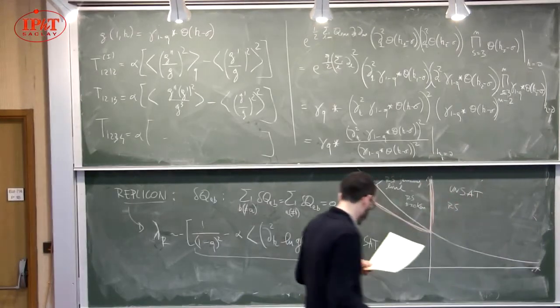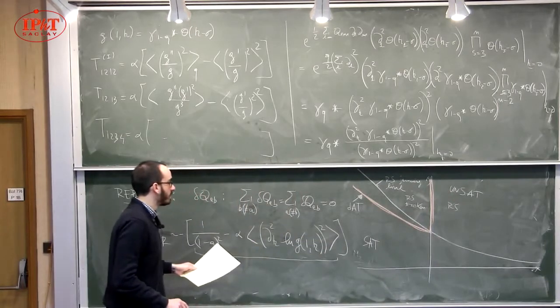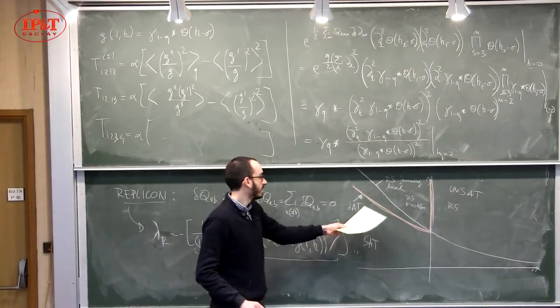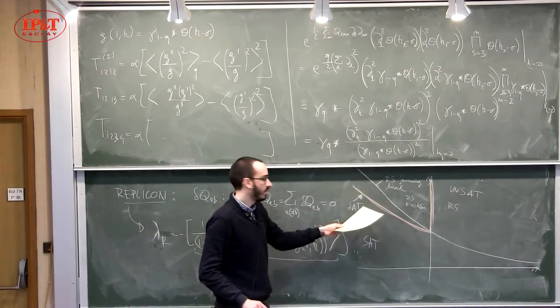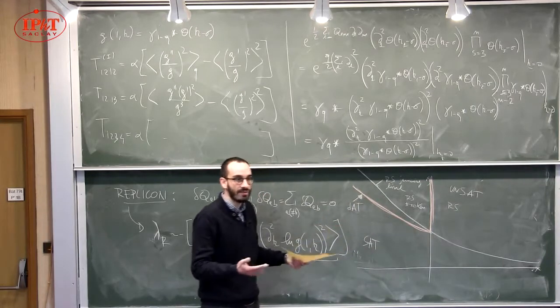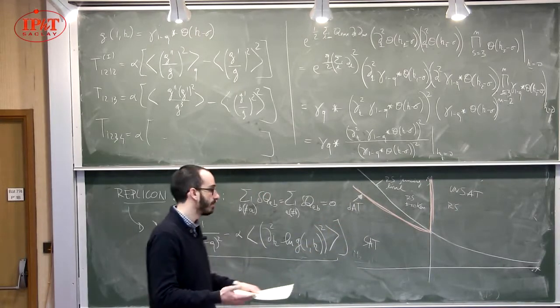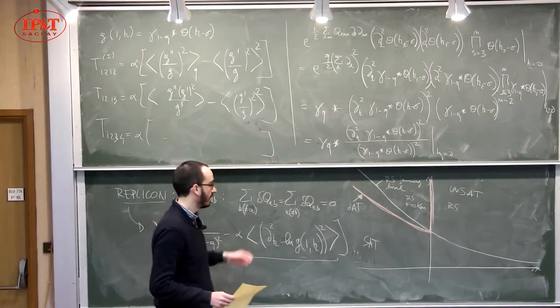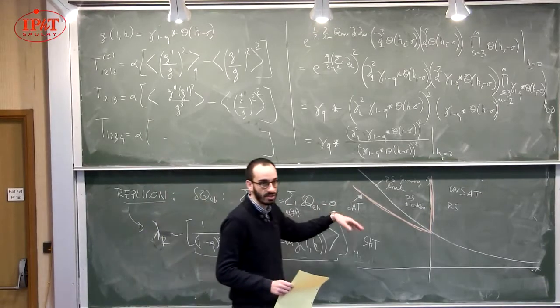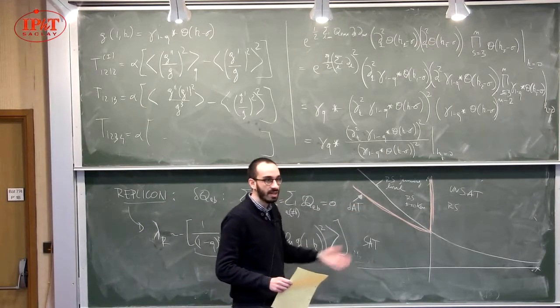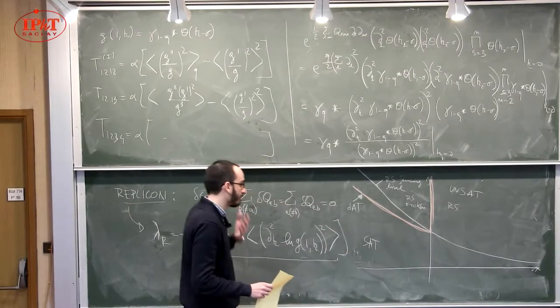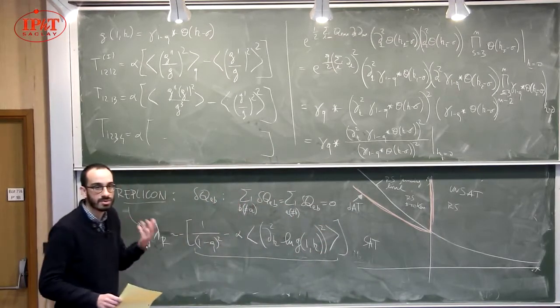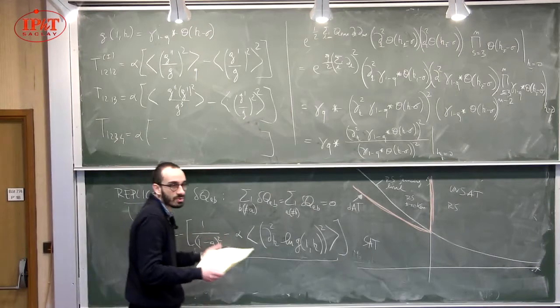So all these things have been discovered not in this model. The fact that you could have replica symmetry breaking was discovered by de Almeida and Thouless in the context of the Sherrington-Kirkpatrick model, and there were a lot of attempts to find a saddle point solution that was consistent.